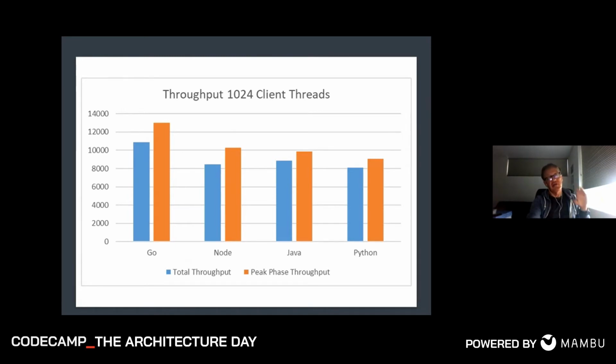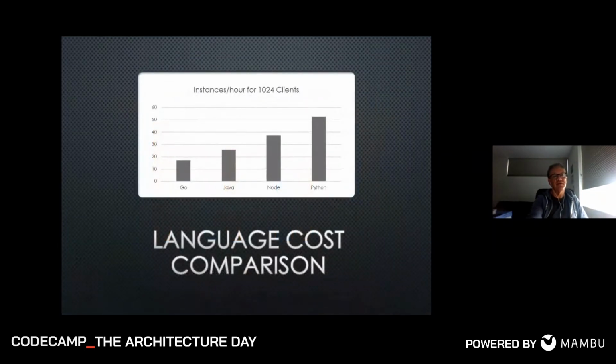So we see the performance differences, but what about cost? So we're interested in seeing how scaling of our infrastructure using Google App Engine and different languages affects cost. It's not just about satisfying the client requests. So this is where it gets more interesting.